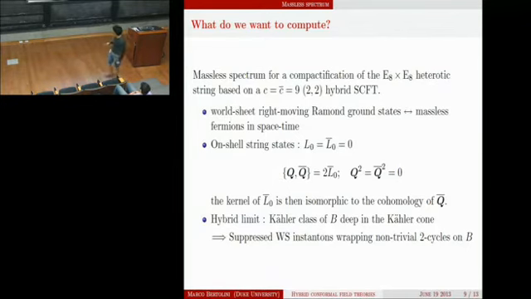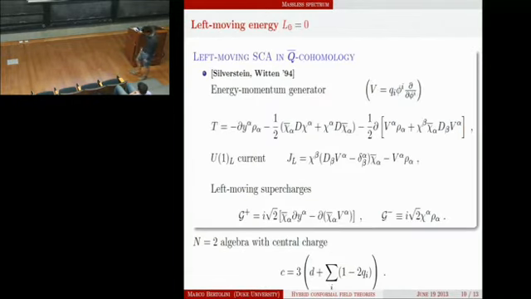So we take the base B to be large, or in other words, the Kähler class of the base to be deep into the Kähler cone. All right, so for dealing with the left-moving part of the story, we can build, following the prescription by Silverstein and Witten, a left-moving superconformal algebra in Q-bar cohomology.